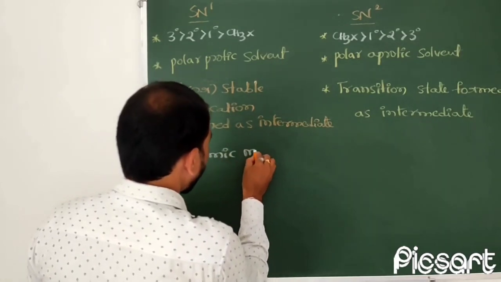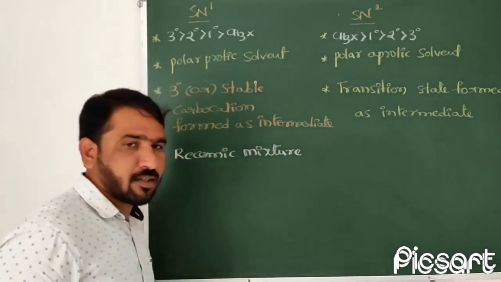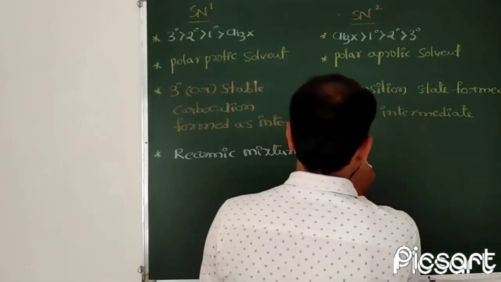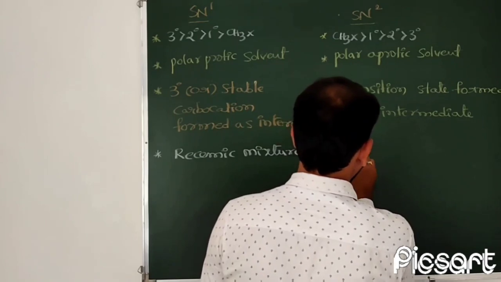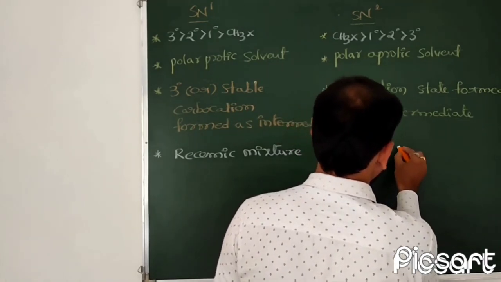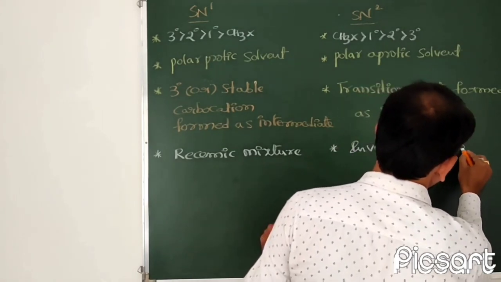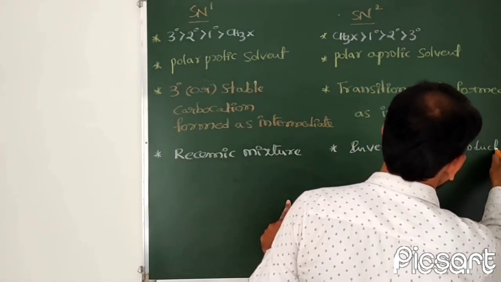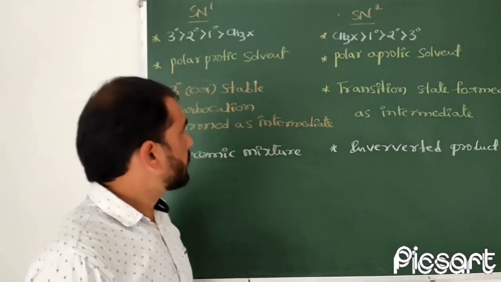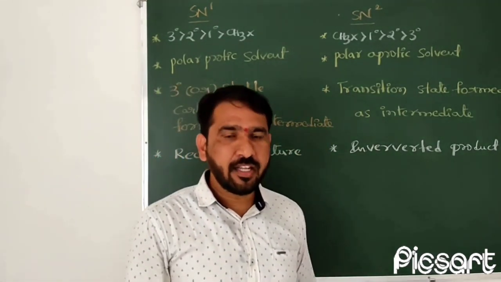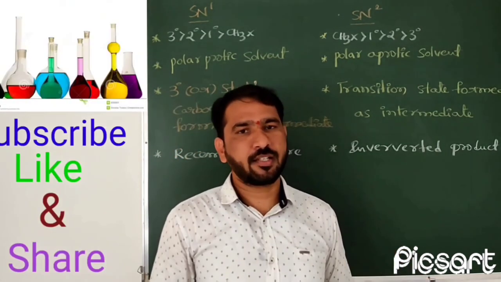A racemic mixture is the product in SN1, and in the SN2 reaction, an inverted product. So these are the main differences between SN1 and SN2 reaction.